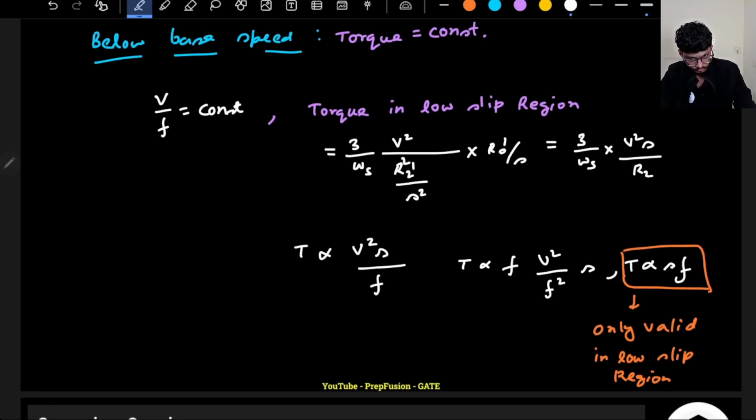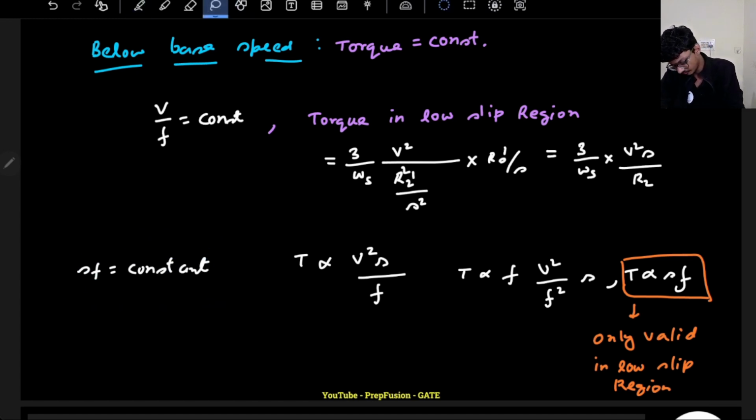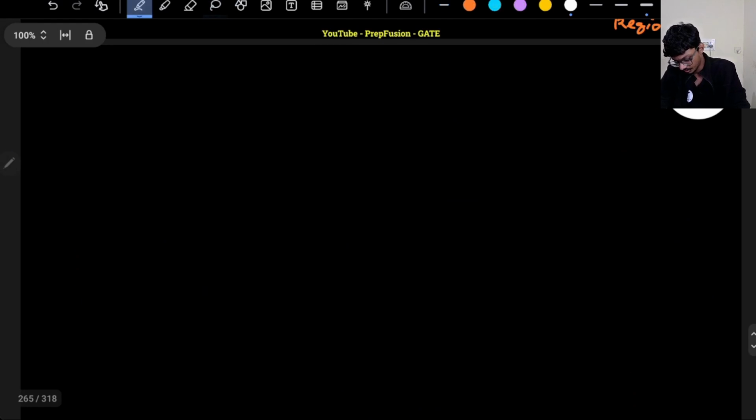So what I can say, torque is constant. If torque is constant, then my SF is constant. So I can use this equation. Let's say in case 1 my frequency was F1.